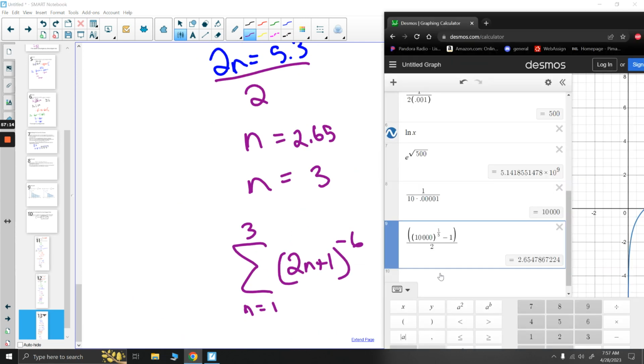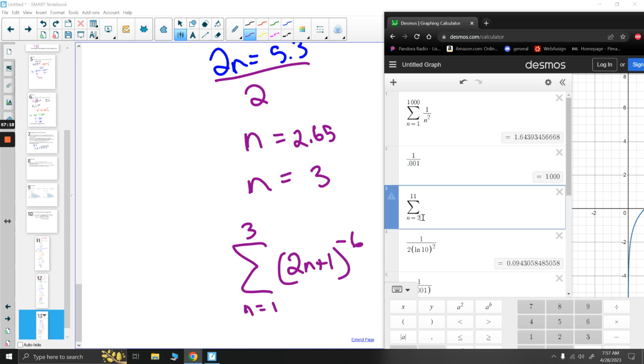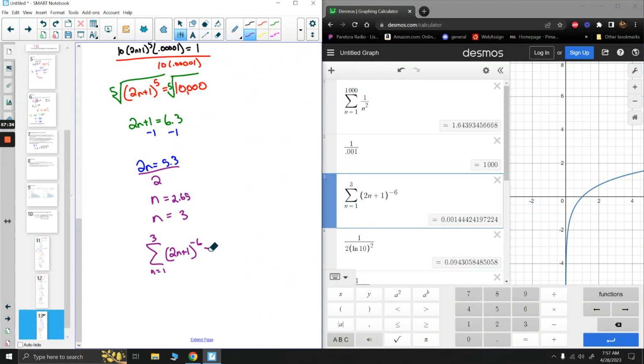So that is to say, if we take this partial sum, n equals 1 to 3 of 2n plus 1 to the negative 6, then we'll get this value here. And that would approximate it good enough for our needs, only using the third partial sum, which we could absolutely do by hand without any effort.